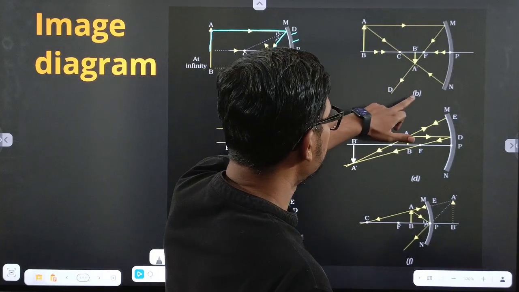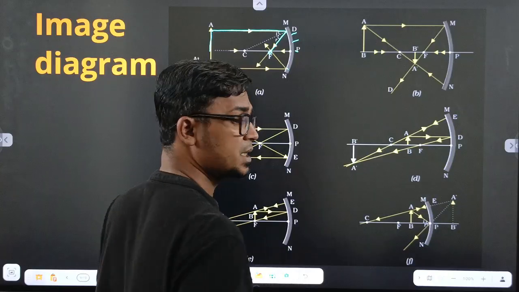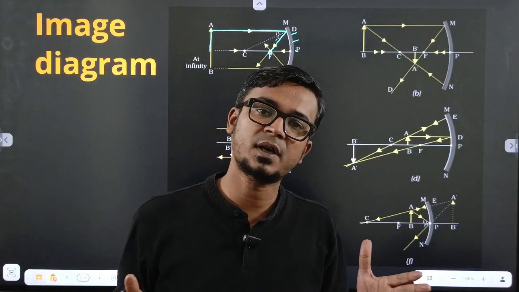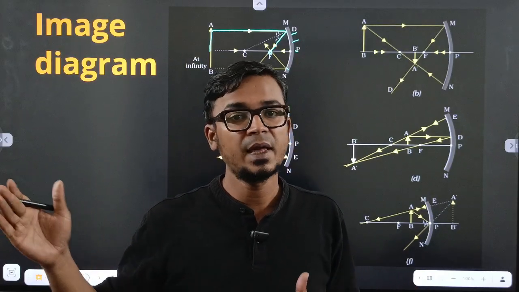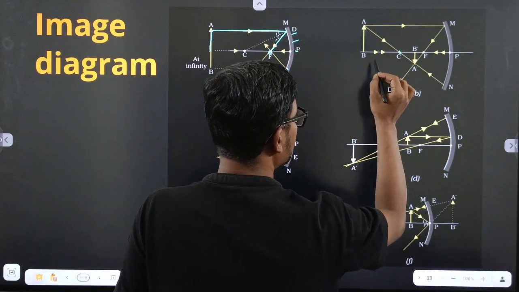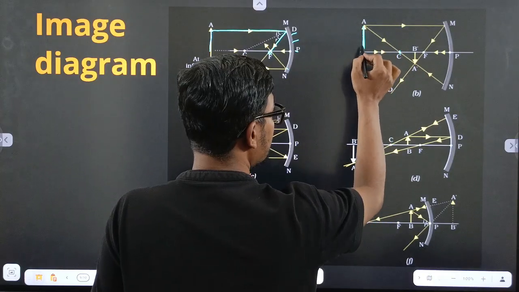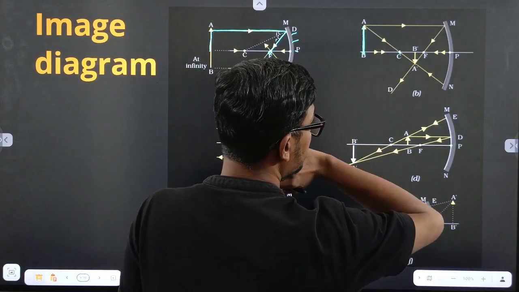Now picture number B: if the object is placed between the center of the curvature and the infinite distance, as for example, this is the center of the curvature and the object is placed at this point.